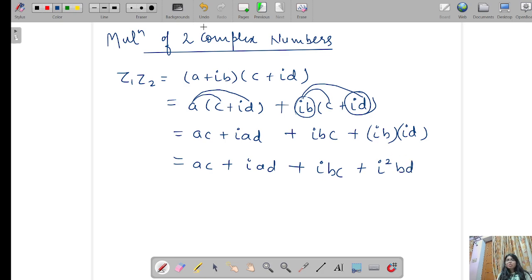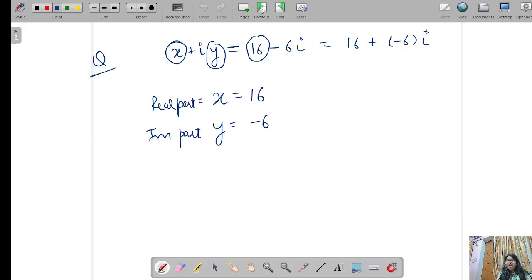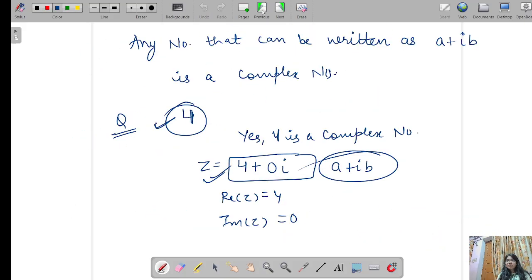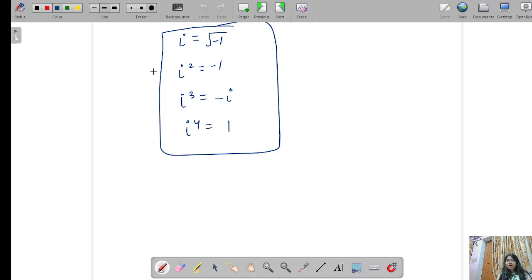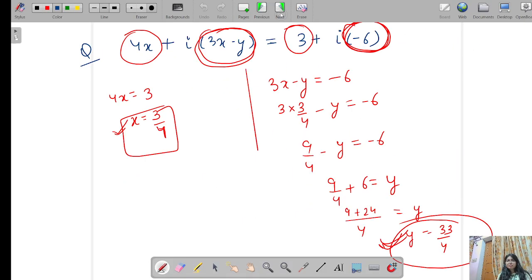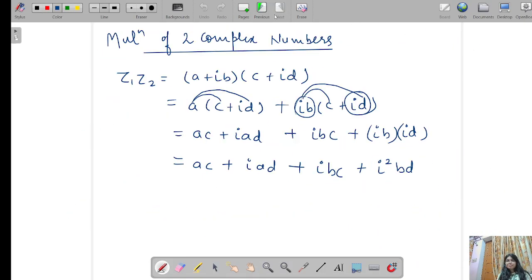Now we have to find the value of iota square. You have to remember this: iota square is equal to minus 1. You have to remember this. Now what I am going to do is put the value of iota square. This has become this.